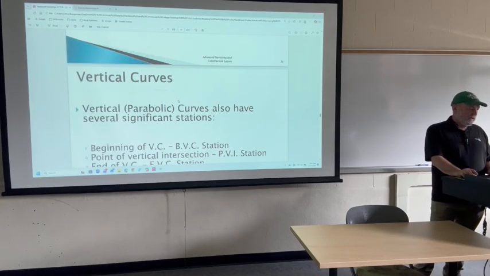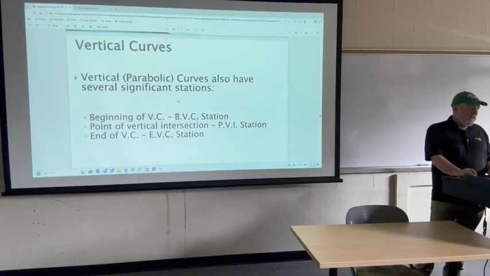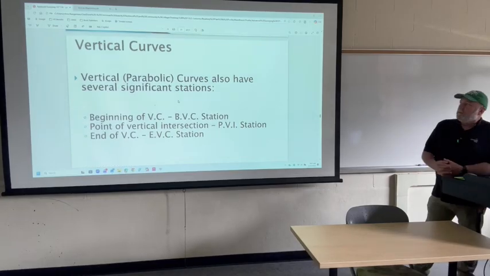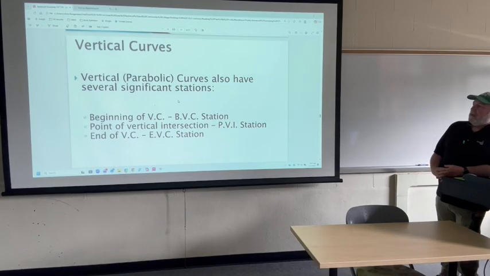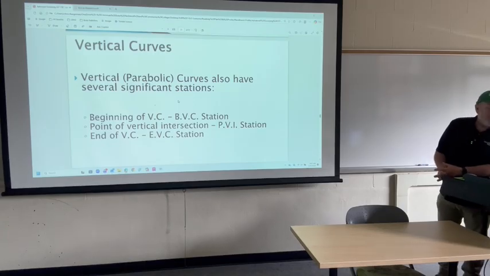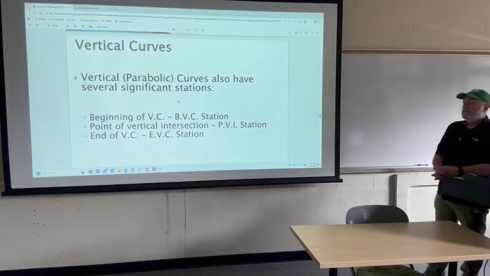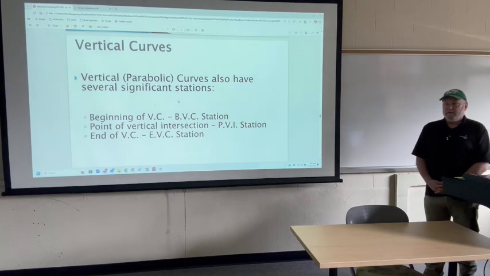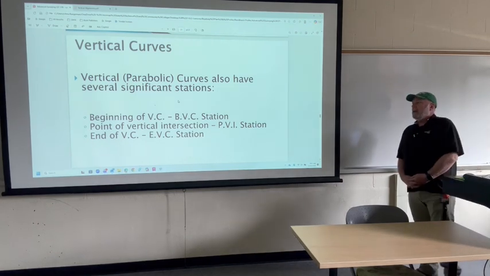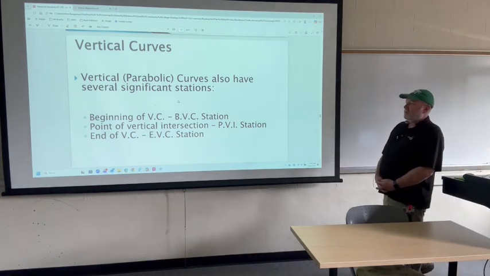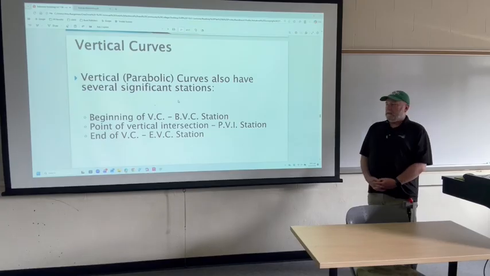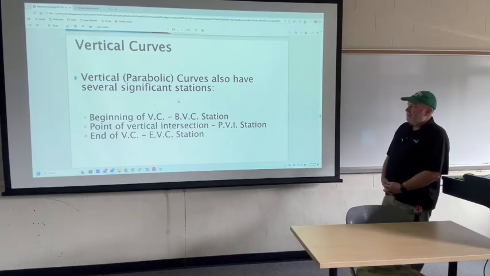Okay, we're on to this one now. Vertical curves, parabolic curves that also have several significant stations, representing the horizontal distances. So we have the beginning of the vertical curve, which is typically noted as the BVC, begin vertical curve.